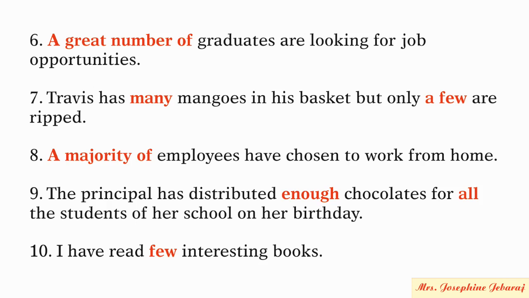A great number of means many graduates are looking for job opportunities. Number 7. Travis has many mangoes in his basket, but only a few are ripe. Here many refers to the countable plural noun mangoes, but only a few are ripe. A few refers to countable plural again.